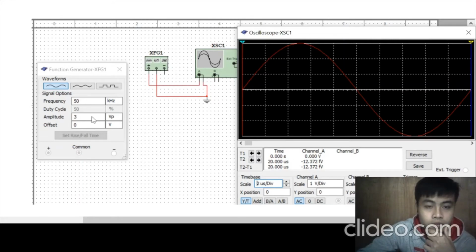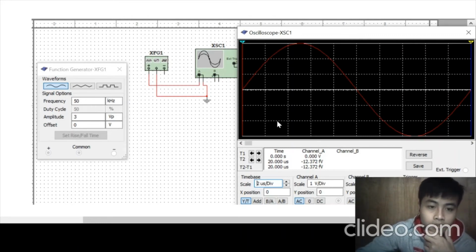So it already shows that the frequency that we set for this function generator is related to the waveform here. The period of this one full cycle is 20 microsecond, and if we divide 1 by 20 microsecond, we get the frequency that we set earlier.